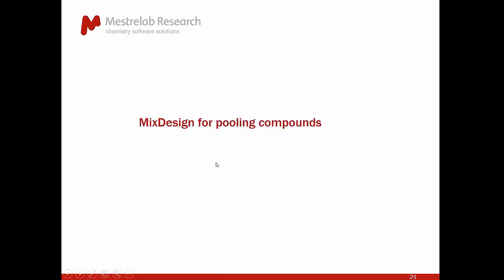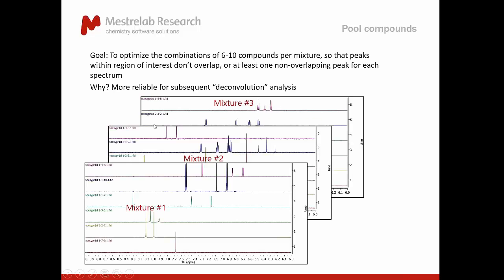Next, yeah, I will show you how this mixture design script can be used to pool your compounds and to prepare samples. Right. The goal is to optimize the combinations of a desired number of compounds for each mixture, so that peaks within the region of interest don't overlap too much.